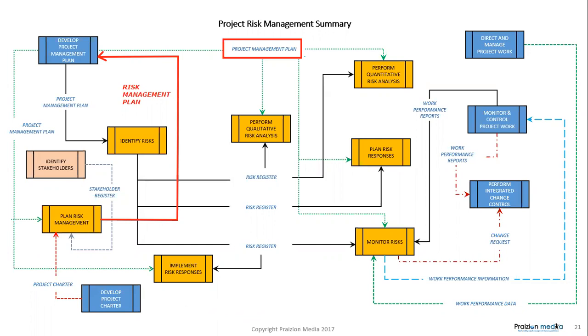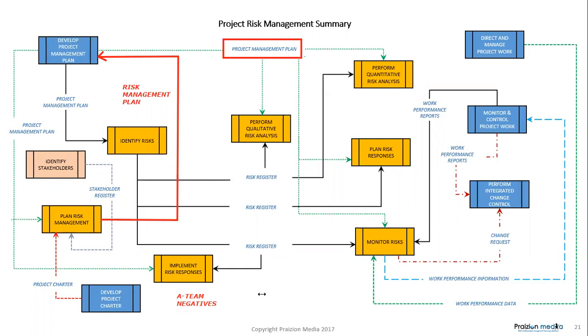In closing, let me remind you of the 5 strategies for negative risks or threats and the 5 strategies for positive risks or opportunities. There's a simple mnemonic. It's A-team, and this is for the negative risks or threats. A is for avoid, T is for transfer, E is for escalate, A is for accept, M is for mitigate.